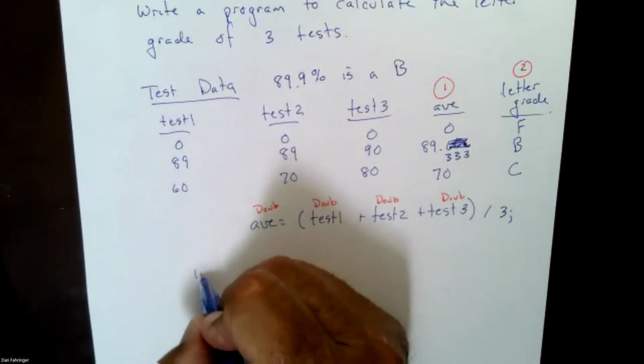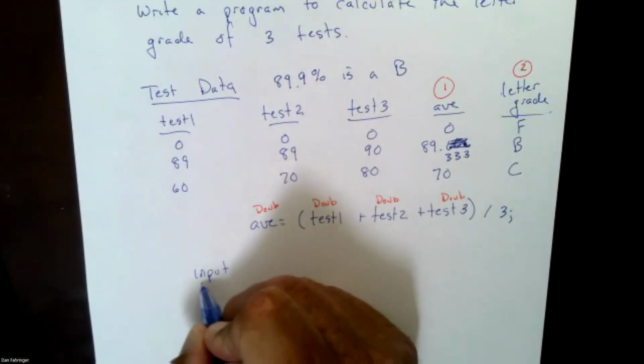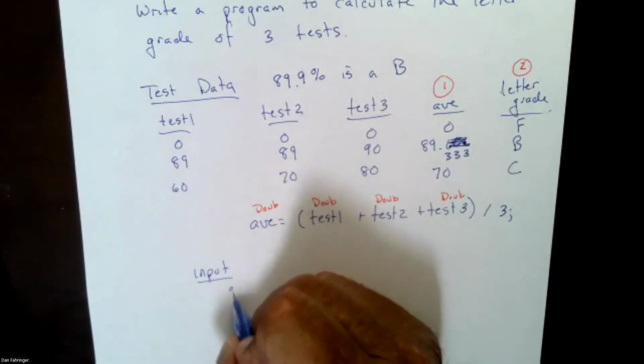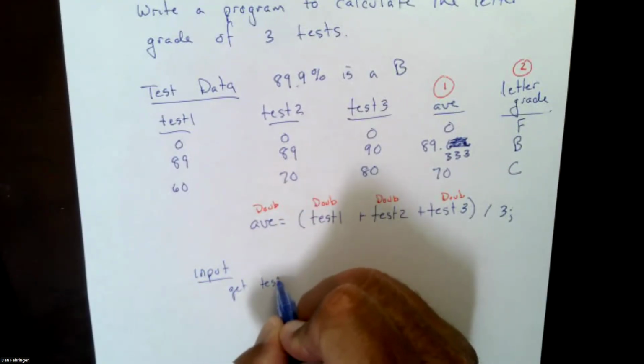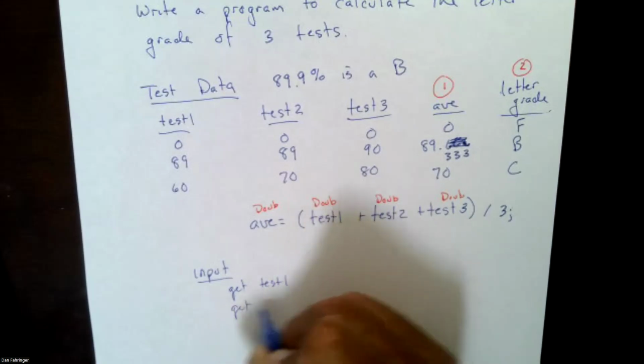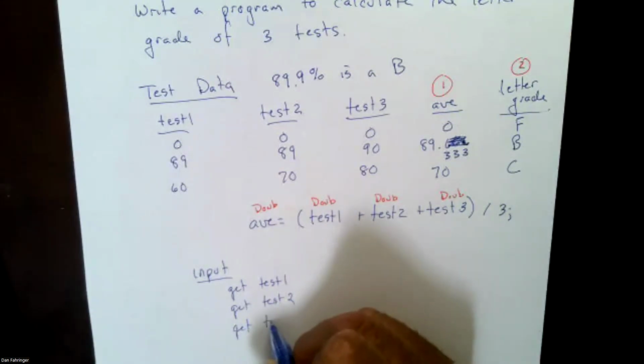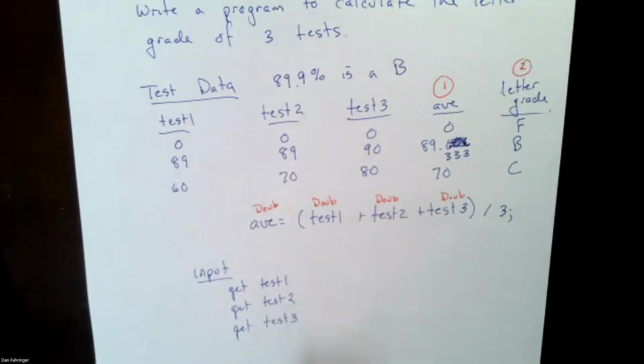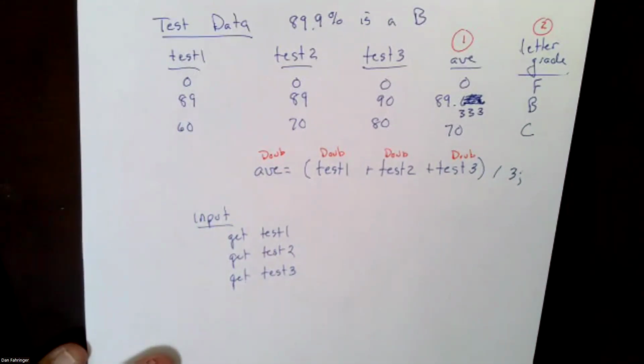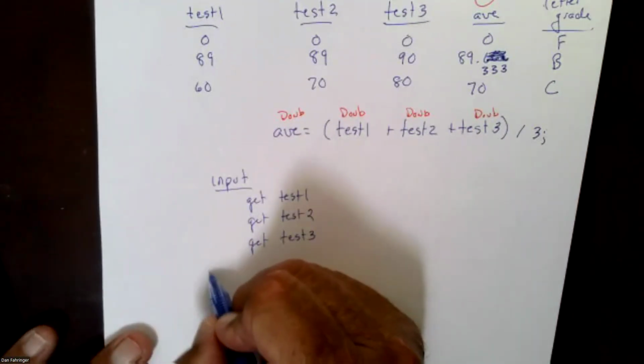So my input, I'm going to start there. I need to get test 1, get test 2, get test 3. Okay, my processing.